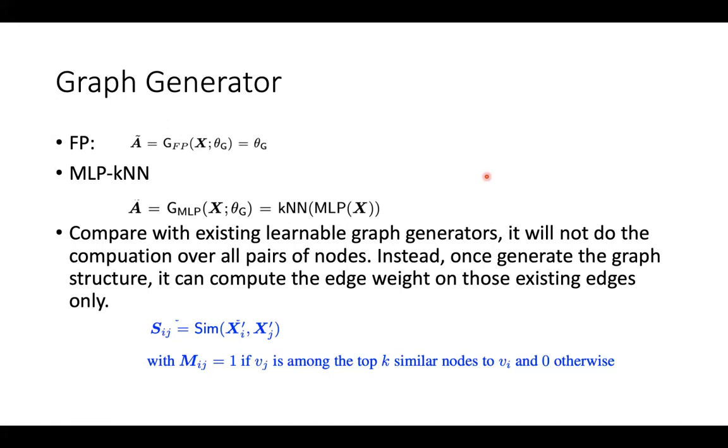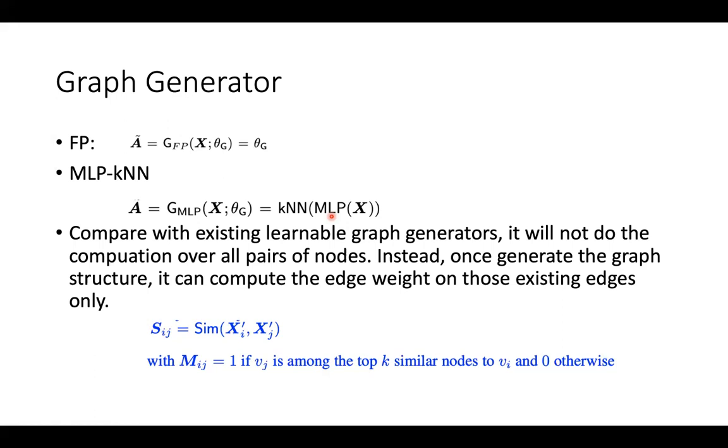So that means we first send this initial node feature through a transformation to a hidden space, for example, through an MLP, and then we use KNN to extract, for example, the k nearest neighbors for each node. We assume the structures only exist in this KNN-based neighborhood structure, and that will reduce our number of links from n squared to a smaller number, right?